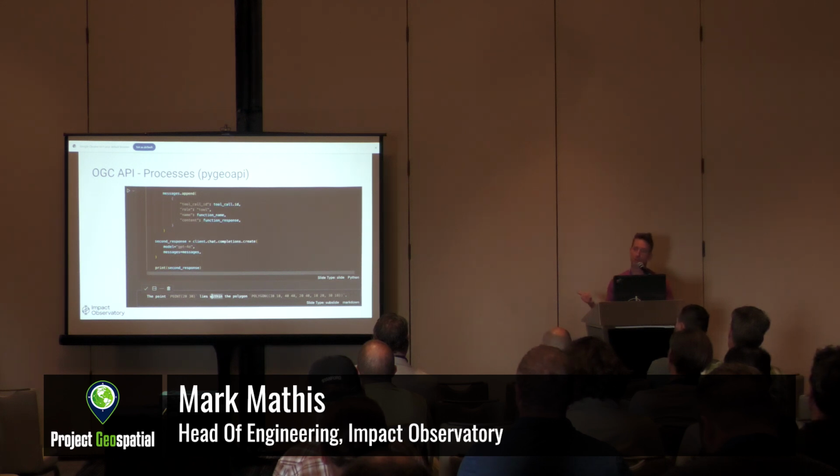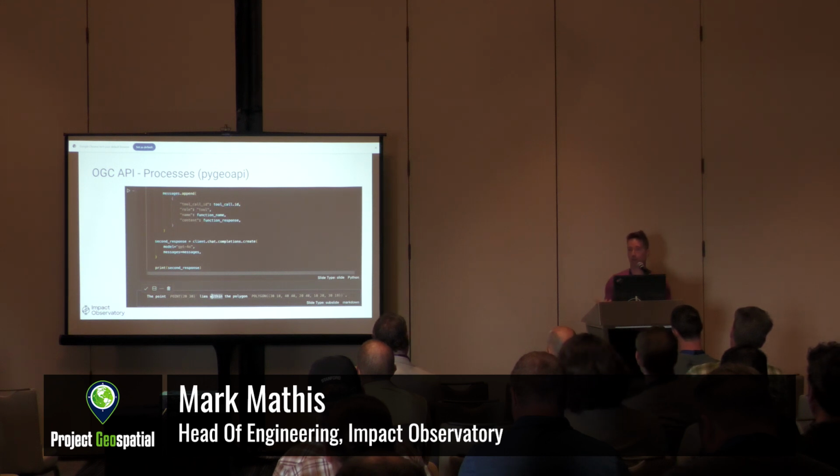This is also what we use for our commercial day-to-day specific processing. So our own tools are available through the same kind of API. And so now it's just another example of, I want to add new functionality to my chat agent, I just add another process to my service.